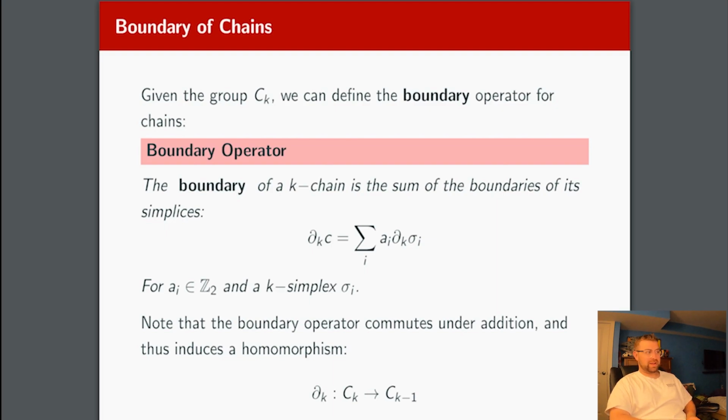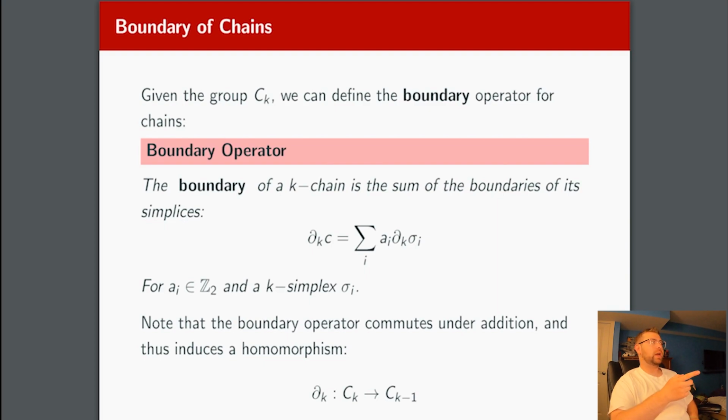I know that sounds like a lot. If I have my a_i coefficients in Z mod 2Z and a k simplex sigma i, the boundary operator will basically reduce it. What we really want to drive home is that the boundary of a k chain is a k minus 1 chain.